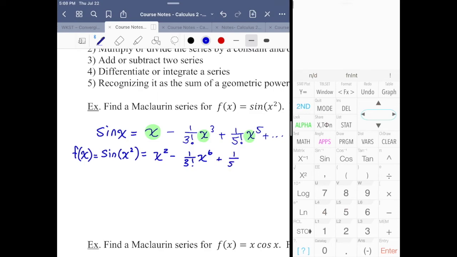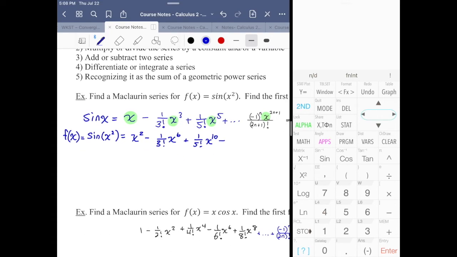Plus 1 over 5 factorial x squared to the fifth is going to be x to the 10th. Plus, I'm sorry, the next one would be minus because it's alternating. So 1 over, we did 1 over 1 factorial, 3, 5, so the next one would be 1 over 7 factorial.